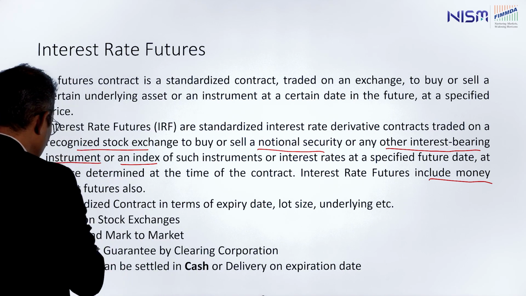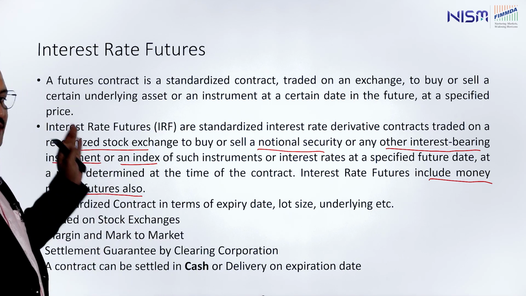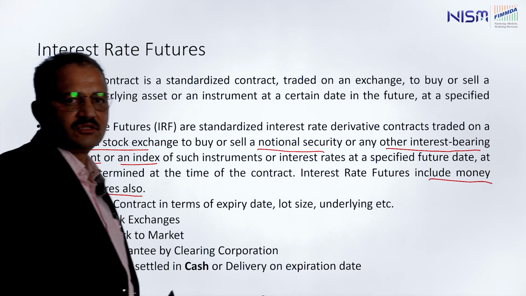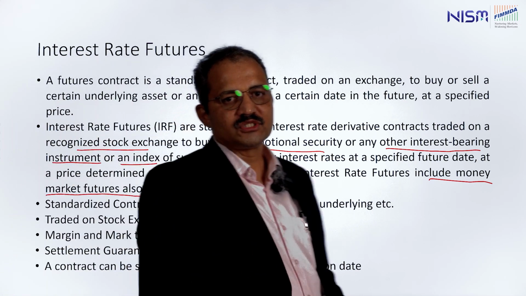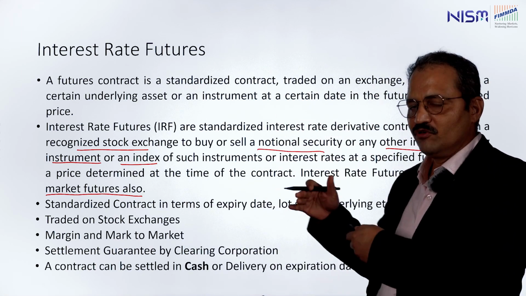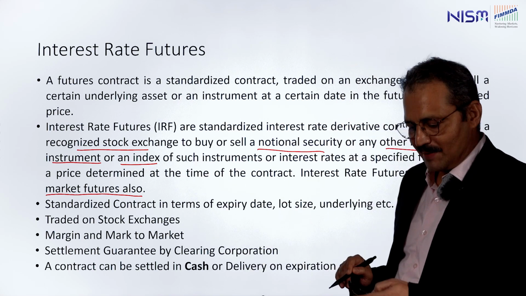So even treasury bills, on which interest rate futures are also allowed. So it is a standardized contract. It will trade on the exchange, and the clearing corporation will provide the settlement guarantee for those transactions. And for providing settlement guarantee, mark to market and margin are applicable.